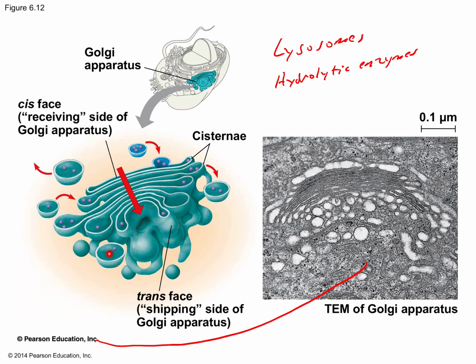And so let's imagine that this transport vesicle coming off the trans face of the Golgi contains hydrolytic enzymes. It will become a lysosome. Instead of fusing with the cell membrane and dumping its proteins off to the outside, it'll roam around the inside of the cell now and digest things that need to be digested. So lysosomes are produced by the Golgi complex.